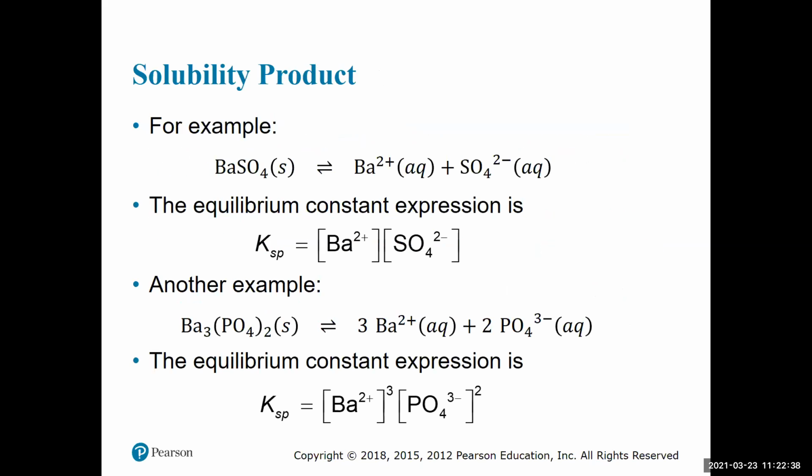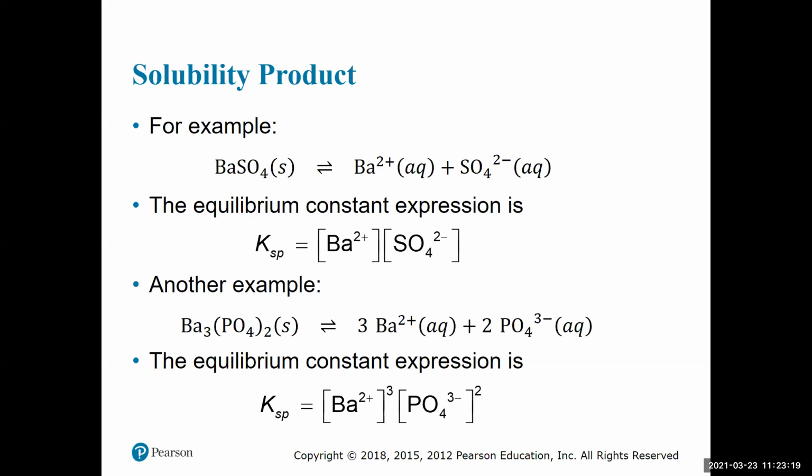Okay, so let's take an example of how you would write this KSP expression. The first example, we have barium sulfate, and we know it's a solid because it's got the little (s) in parentheses there. And then we have Ba2+ and SO4 2-. Those each have the little (aq) in parentheses, so that's telling us they're in solution. If we think of writing equilibrium expressions as products over reactants, we have the barium 2+ concentration times the sulfate concentration.